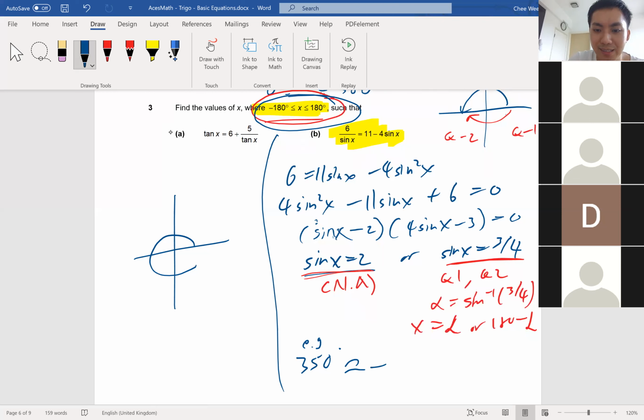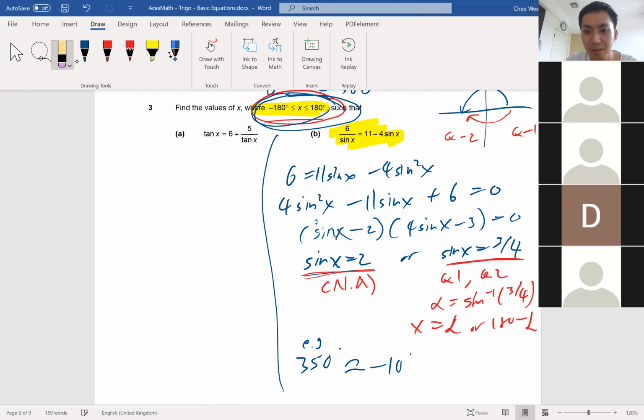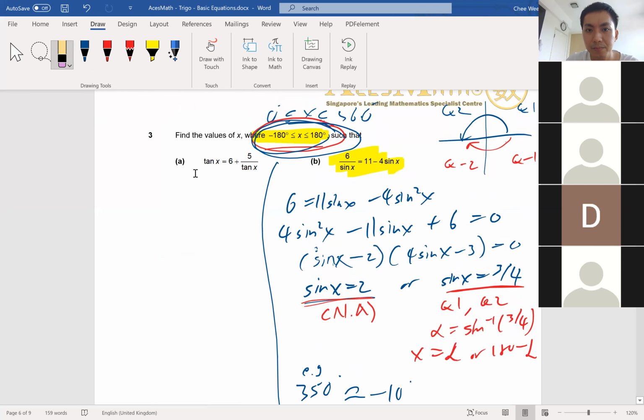So you have to rewrite this as -10 degrees then. Get it now? And -10 fits under the domain here, so that will be an accepted answer. So we calculate the last part, x equals something or something, then we change it to negative if your answer exceeds 180 degrees.